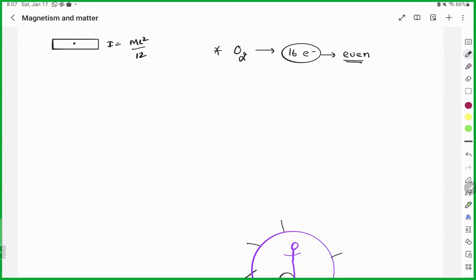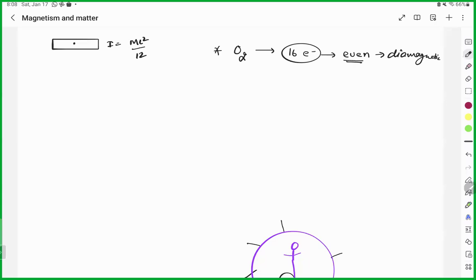Diamagnetic. Yes, sir. Sarah, is it diamagnetic or paramagnetic oxygen? Diamagnetic, sir. Jordan, diamagnetic. Chandana, diamagnetic.